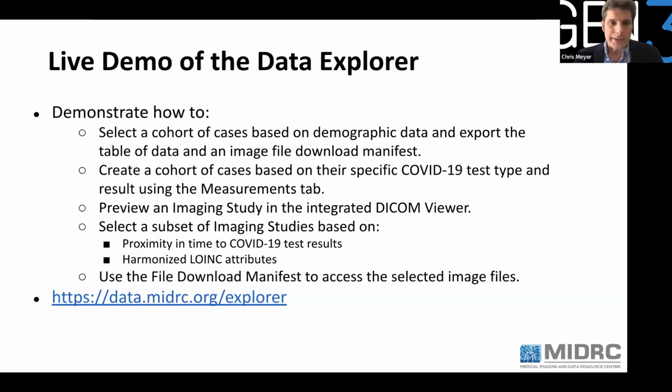We'll look at how to preview imaging studies in the integrated DICOM viewer, and then how to subset or filter the imaging studies based on some of those new properties we've added to the dictionary and the exploration tool that I mentioned at the beginning of the talk: the proximity and time to COVID-19 test results, and of course the harmonized LOINC attributes.